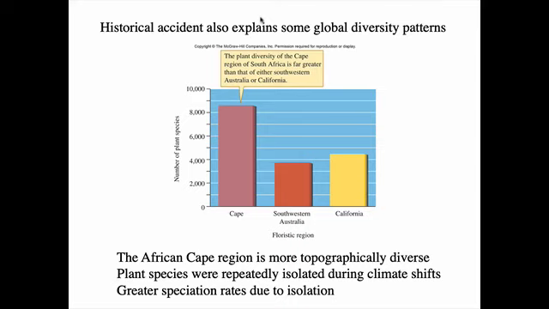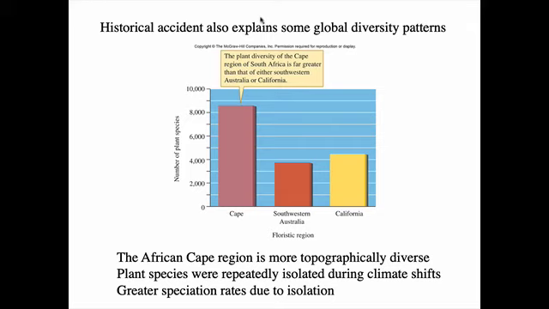The Cape region is really diverse. It has lowlands, it has seasides, it has mountains that are like 9,000 feet high. That's not true of either Southwestern Australia or California. California has mountains, but it's not a Mediterranean climate in those mountains. It is in the Cape.